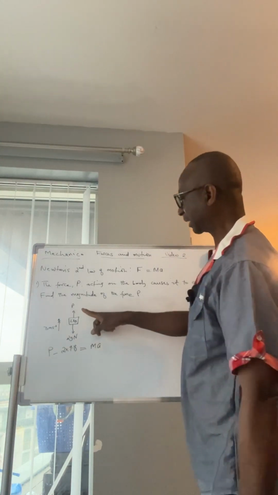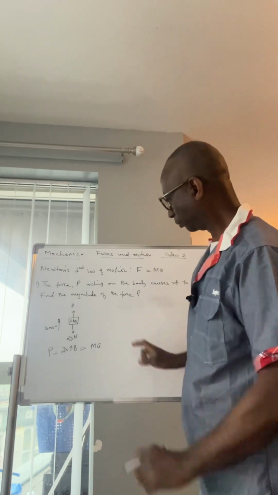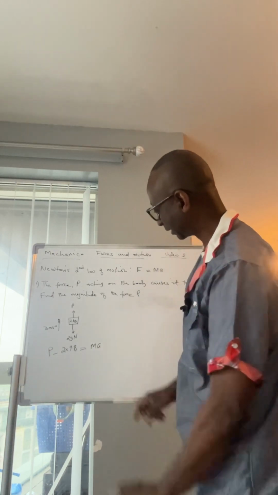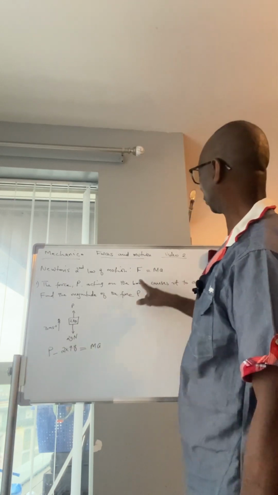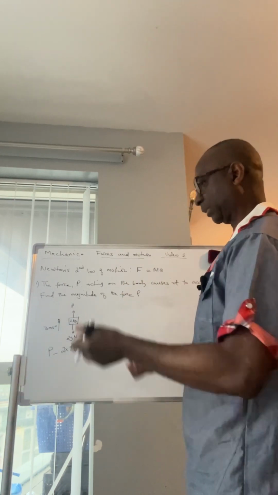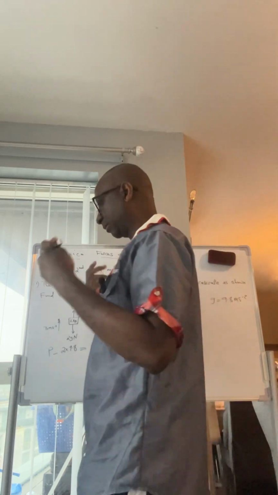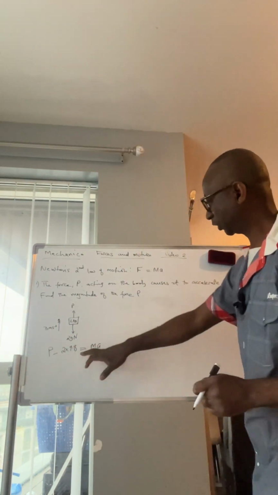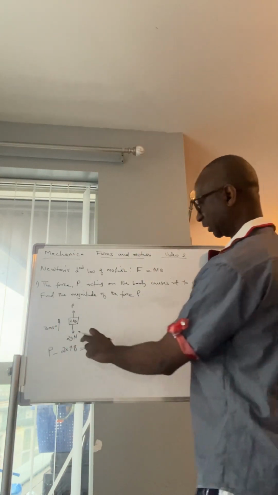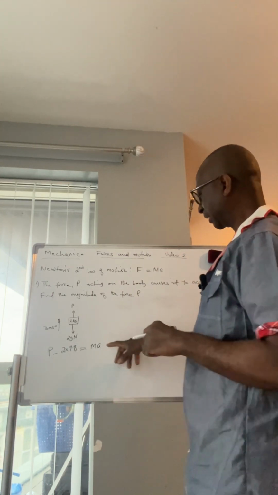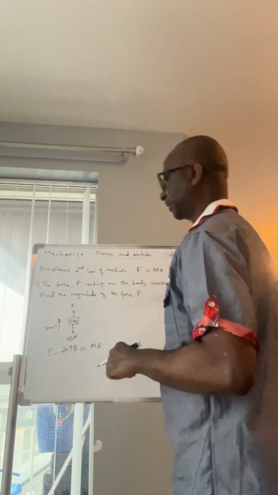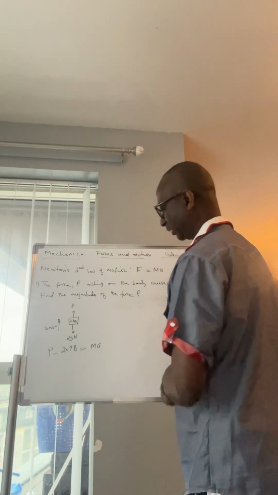So this is the acceleration of the body. Don't get confused: acceleration due to gravity, which is g, and the acceleration of the body, the particle itself, which is accelerating. So g and a, don't get them confused. The one is a constant acceleration due to gravity. This is the acceleration of the body itself.